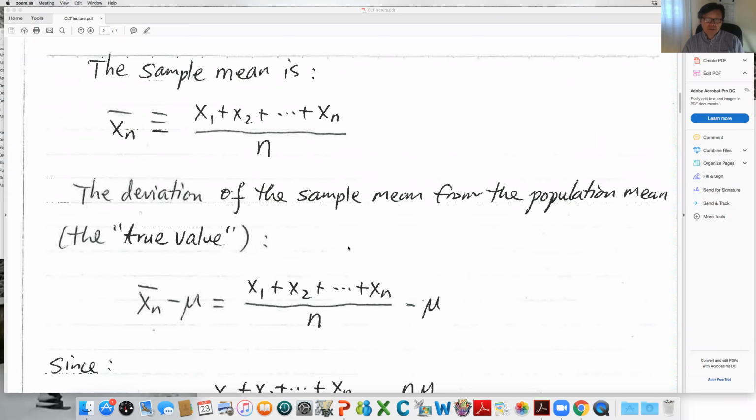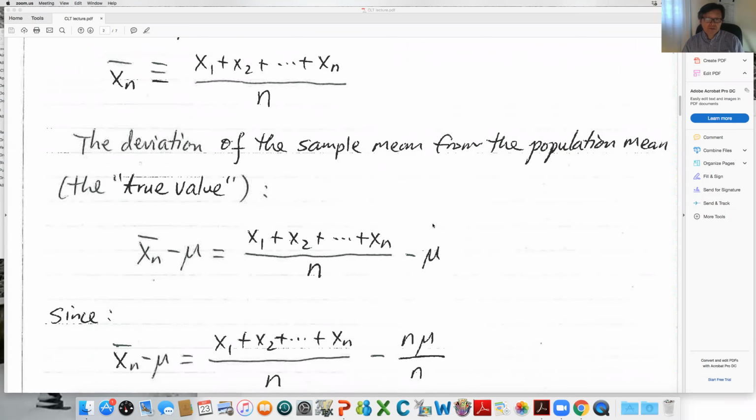So I call mu the true value, the population mean. And xn bar is the sample mean, okay? So the whole idea is we are trying to find a way to take a small measurement that can give us a statement about the true mean value.